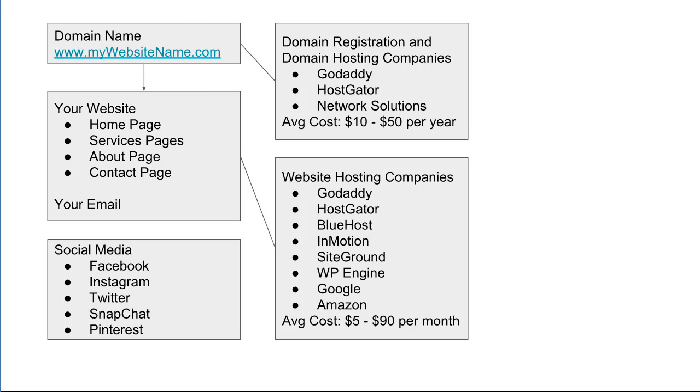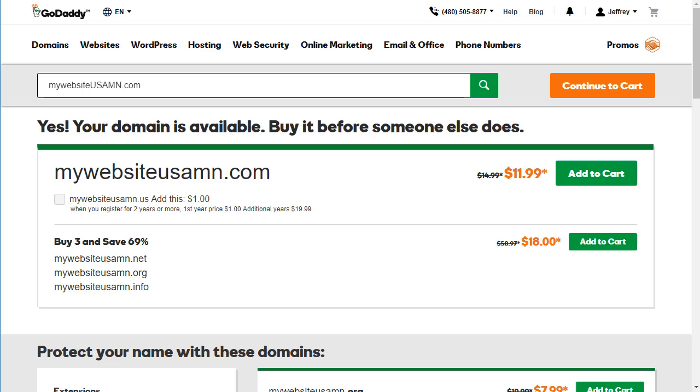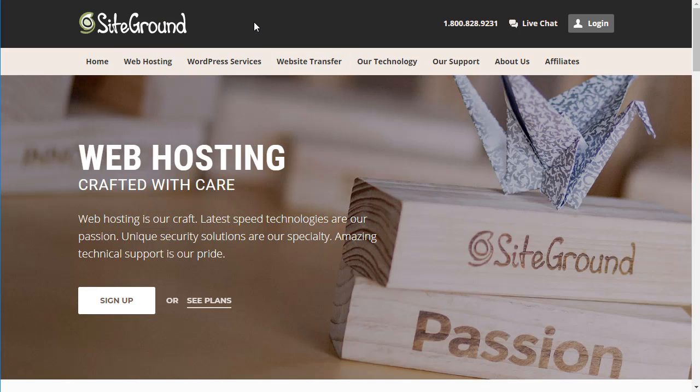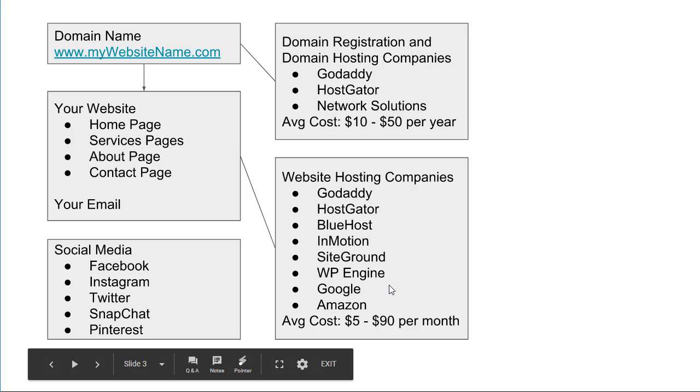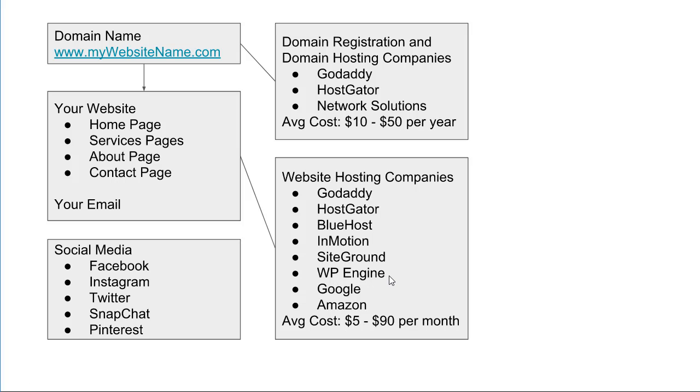So to get a website, you can actually host a website on GoDaddy as well, but I like to use SiteGround, and there are a lot of different website hosts, as we see here: GoDaddy, HostGator, Bluehost, InMotion, SiteGround, WP Engine. WP Engine is a more expensive one because it enables you to handle a lot more traffic.